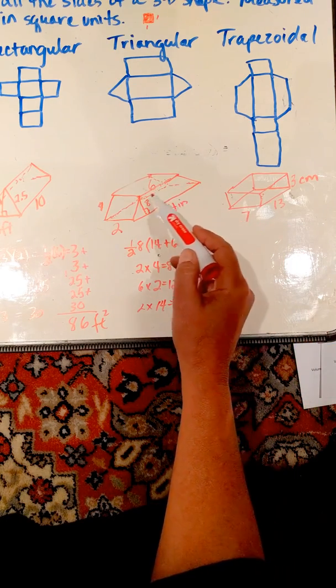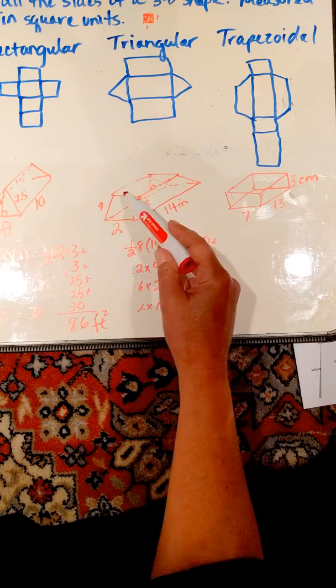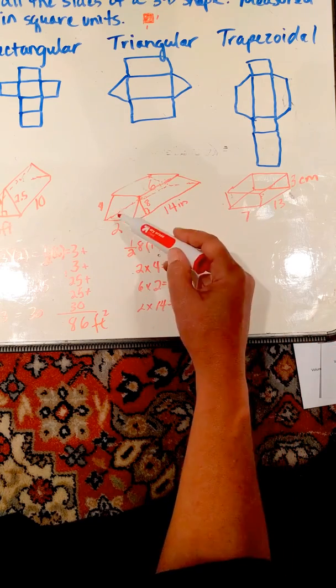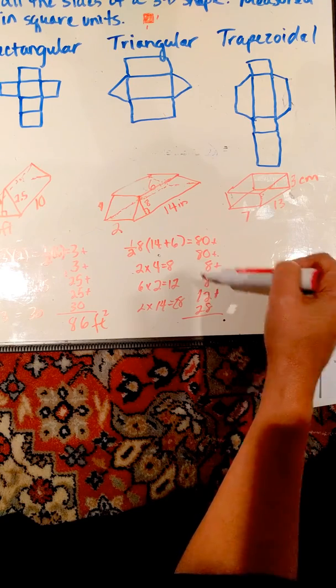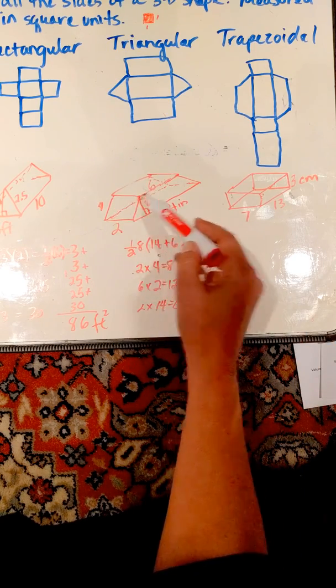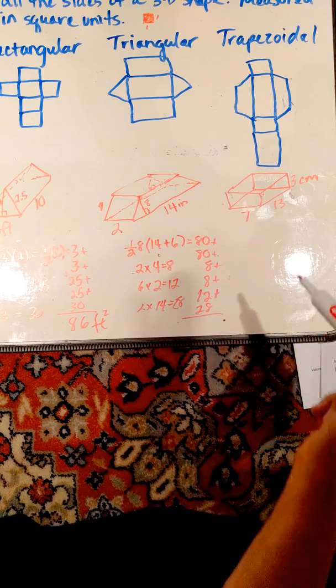So I've got 2 trapezoids right here. 2 sides, on either side of here, and that's 8 plus 8. And then the top, which is 6 times 2 here. And then the very bottom, which is 2 and 14.